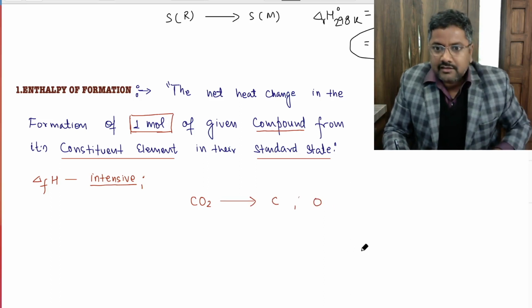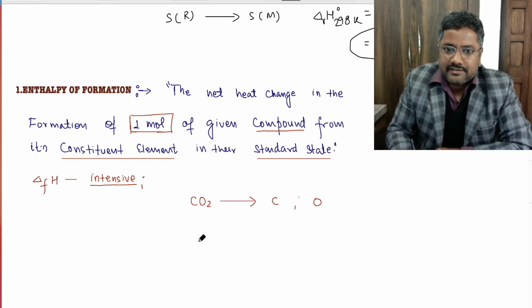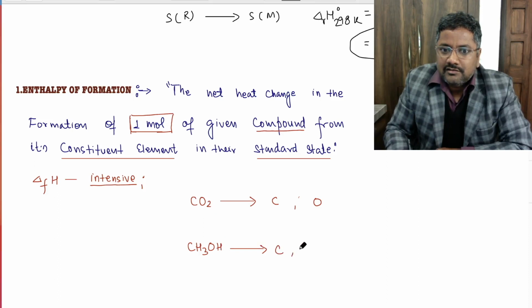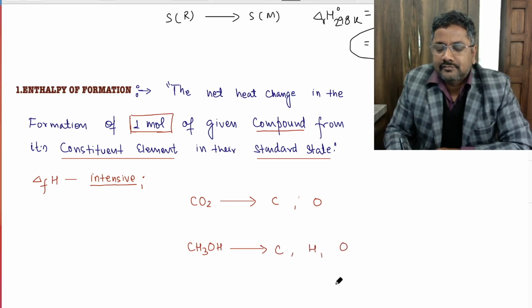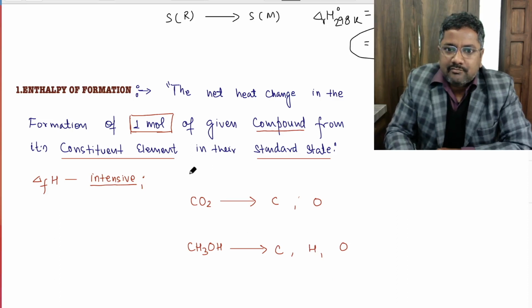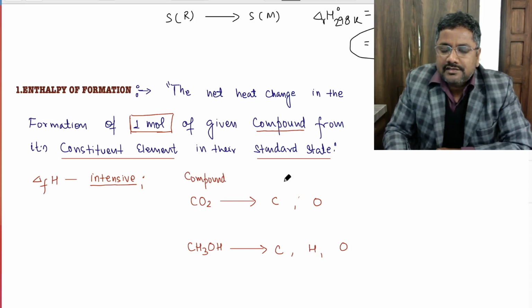So don't take O2, carbon and oxygen like this. Suppose you have taken CH3OH, so constituent elements are carbon, hydrogen and oxygen. So basically this is compound, this is compound, and this is constituent element.